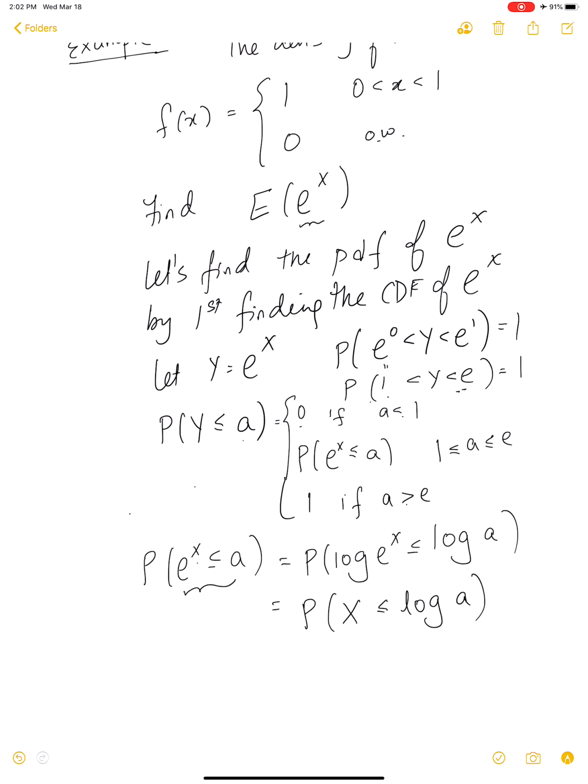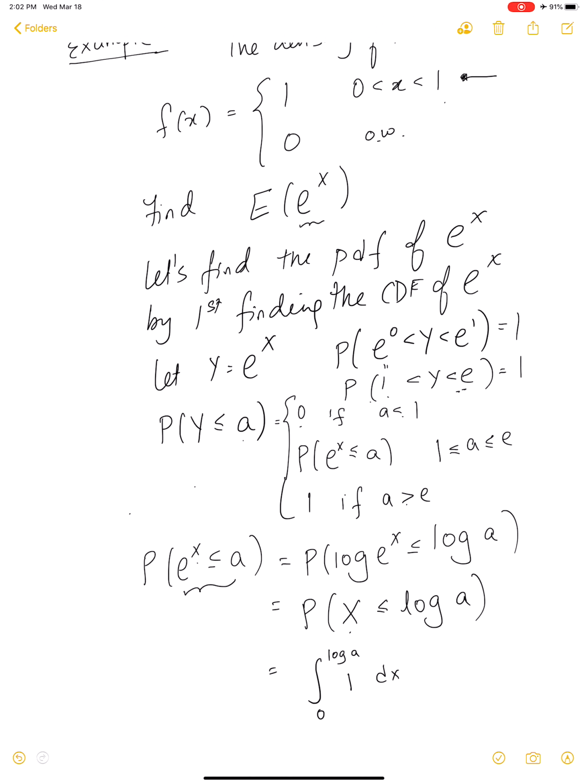And of course, this is natural log. That's what made the log of e to the x equal to x. Okay, so what's the probability x is less than or equal to log a? Well, now we know the density of the random variable x. That is just given over here on top by f of x equals 1 when x is between 0 and 1 and 0 otherwise. So what will this be? This will be the integral. The density of x is 0 to the left of 0, so 0 to log a of the density of x dx.